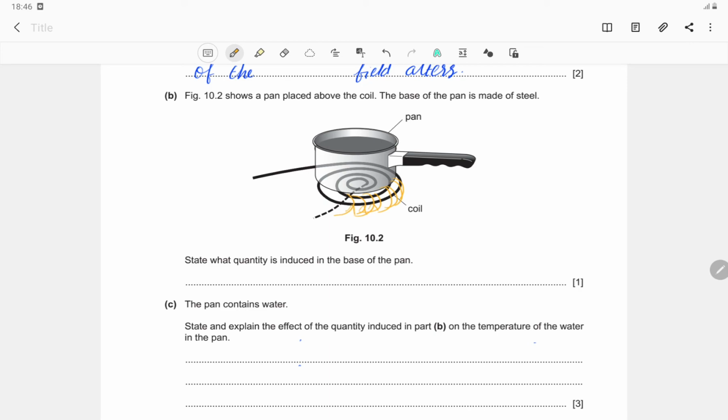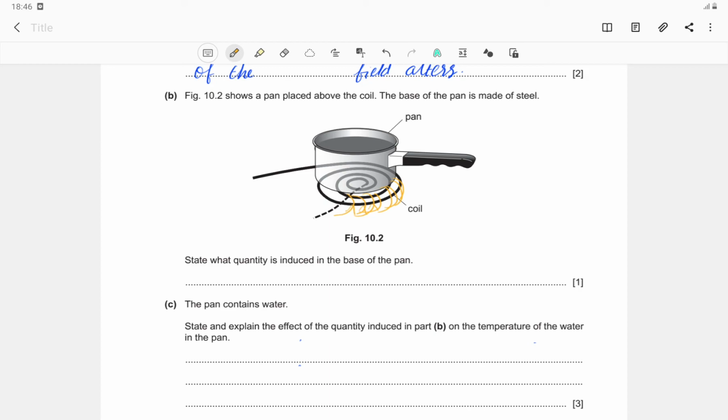The reason I will repeat, as the pan is close to the coil and AC current is passing through the coil, it will produce magnetic field lines, and the directions of these magnetic field lines keep changing.